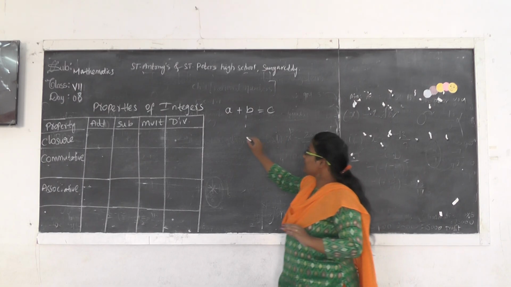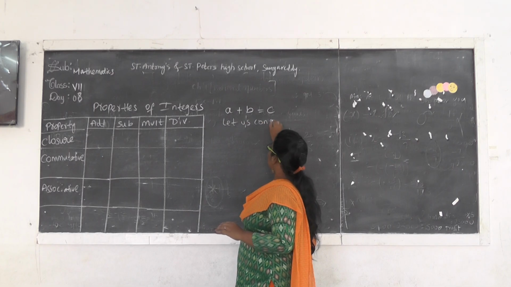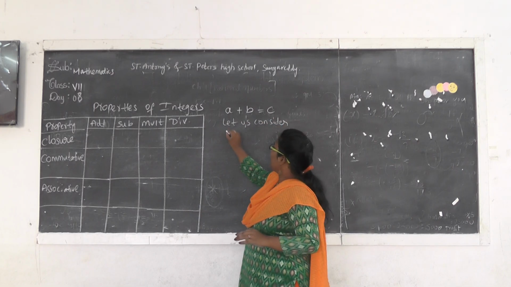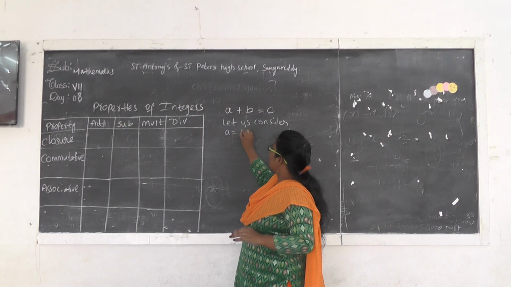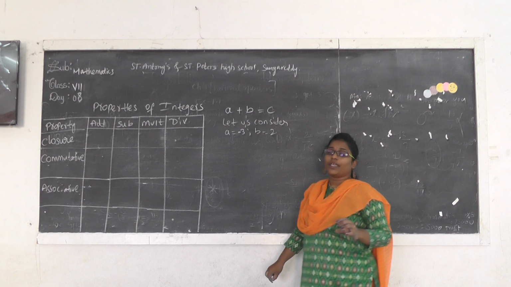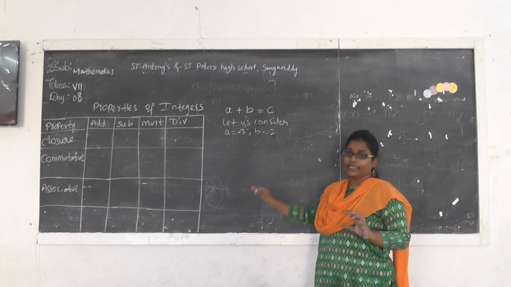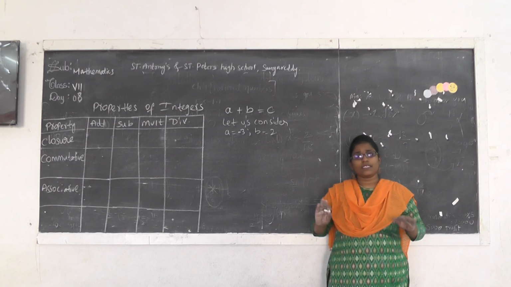Now let us take an example. Let us consider A equal to minus 3, B equal to 2. A has minus 3, it is an integer. B is also an integer. Do you know what is meant by integer? Just recall it.